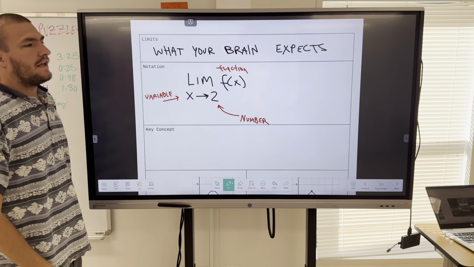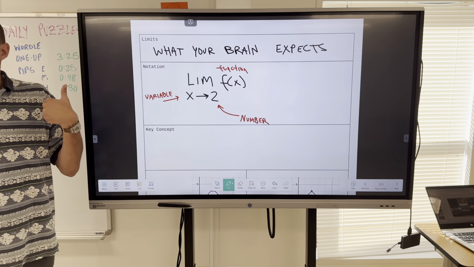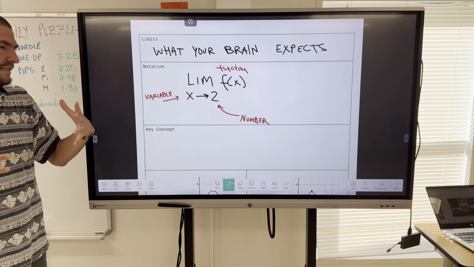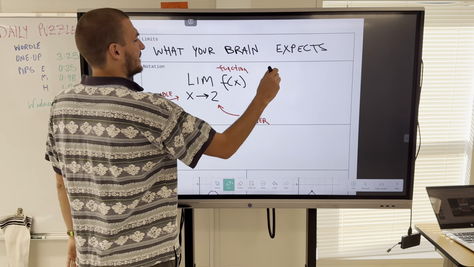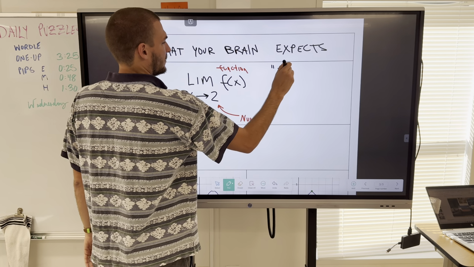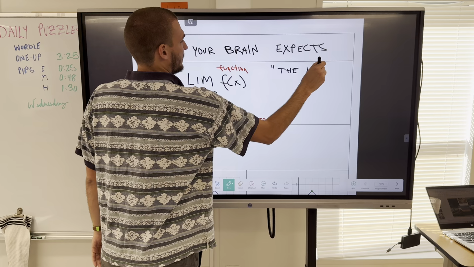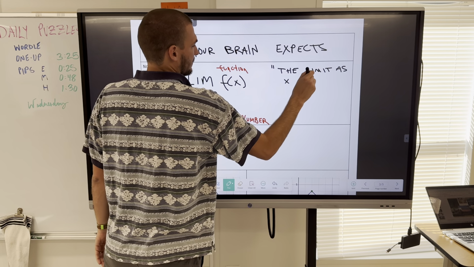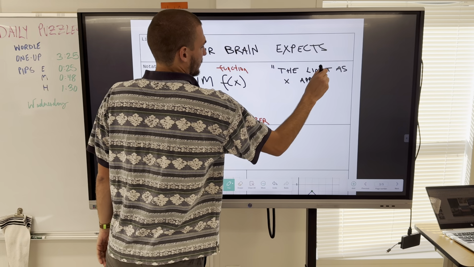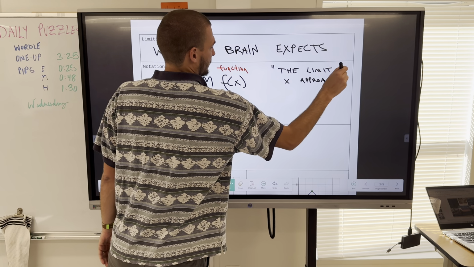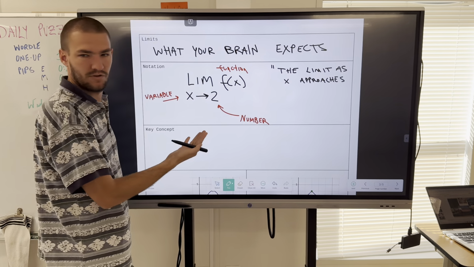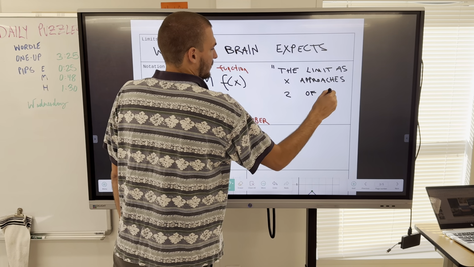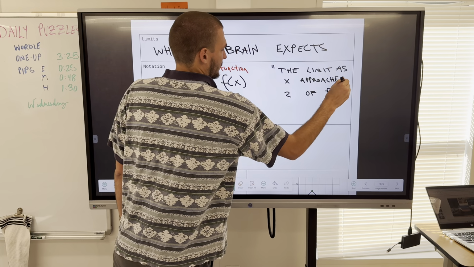Now, important to write is the kind of verbal thing that I've been saying here. So this is, we'll do quotes, this is the limit as x approaches whatever number that is, we'll just say 2 of f of x.